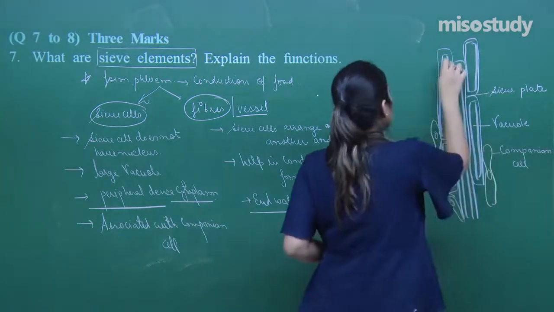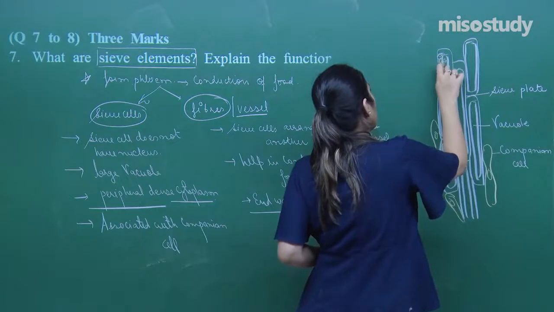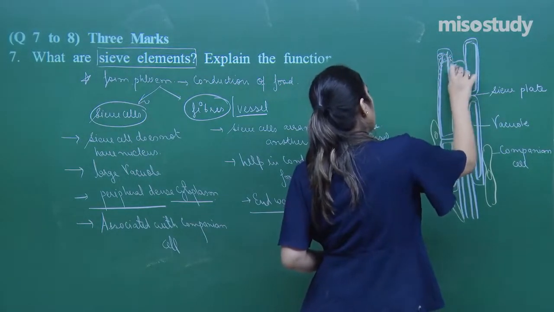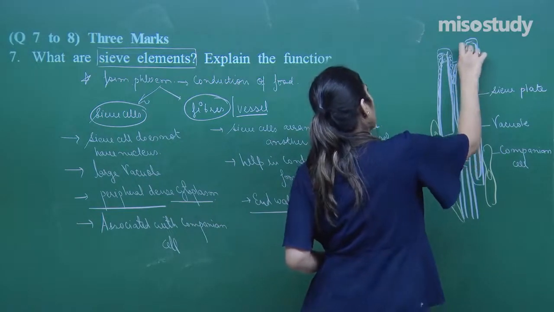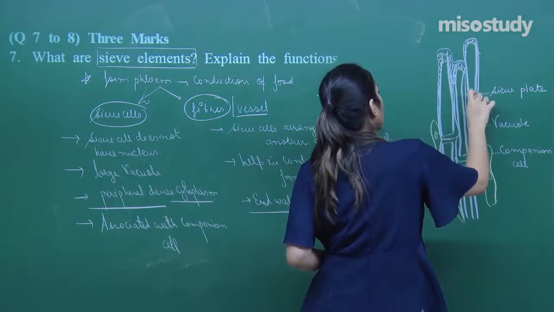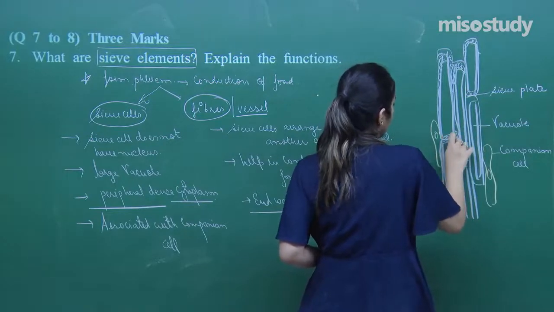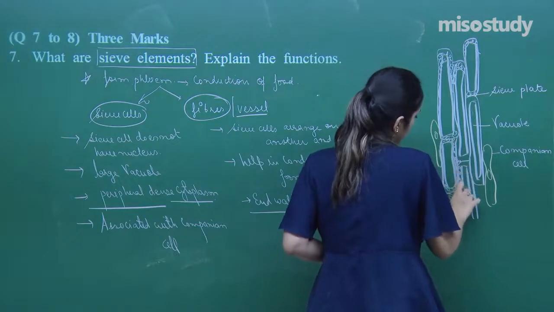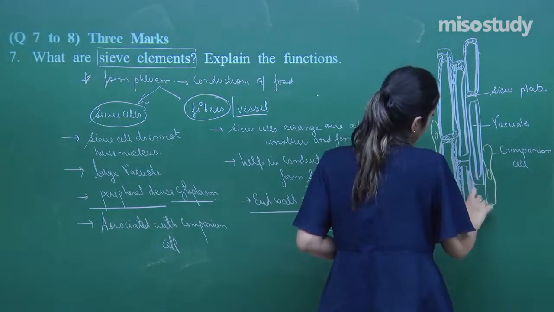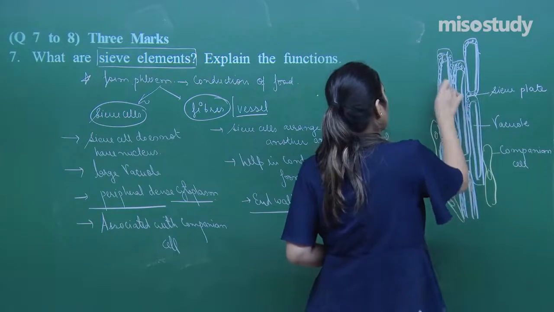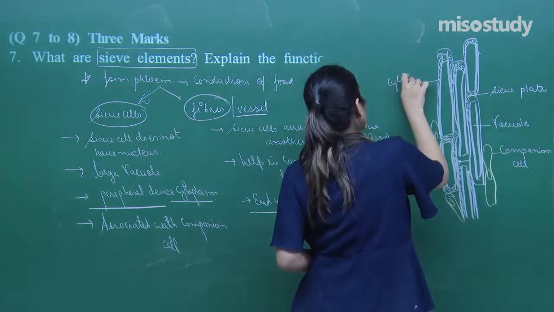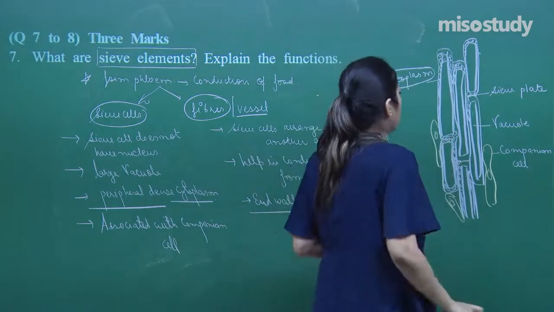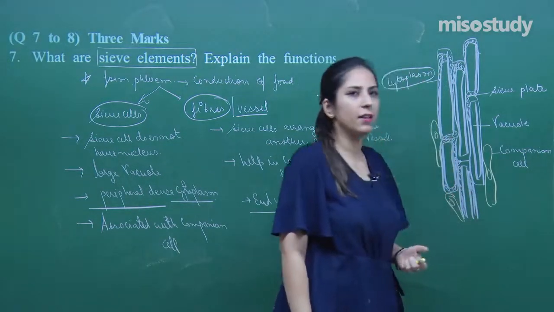In the outermost part you can see the cytoplasm is filled. So this is the cytoplasm. Sieve plate is there, vacuole is there, these are the companion cells.